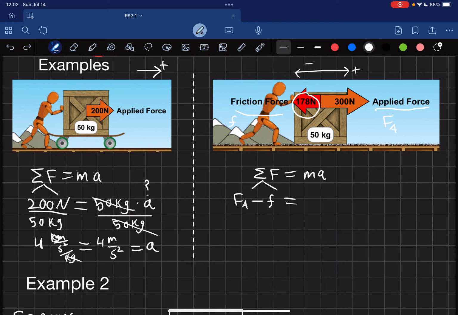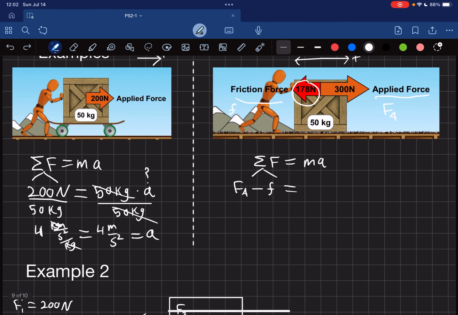So now, the sum of all forces equals the applied force minus the frictional force. And that equals mass times acceleration. Again, here we're solving for the acceleration. So we're going to divide both sides by mass. It cancels on the right side, and let's move it to the left side.